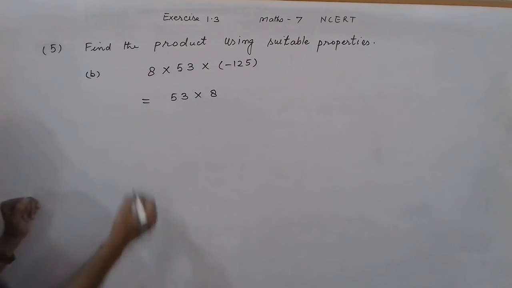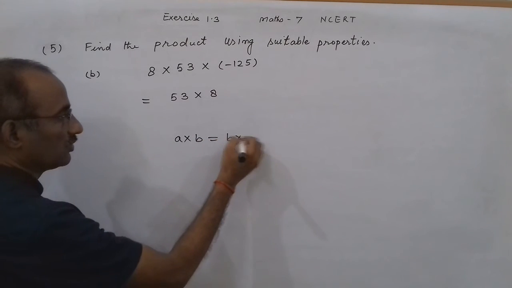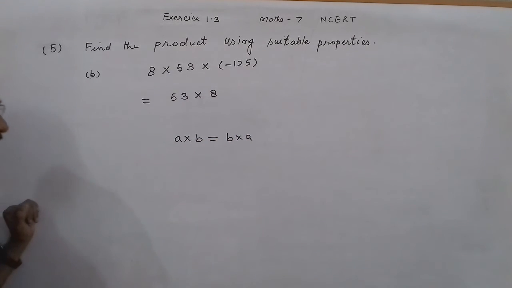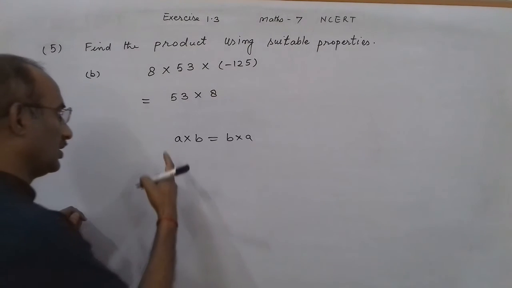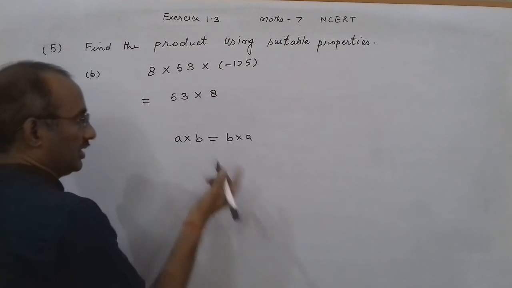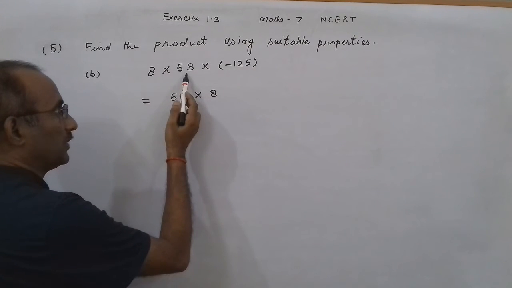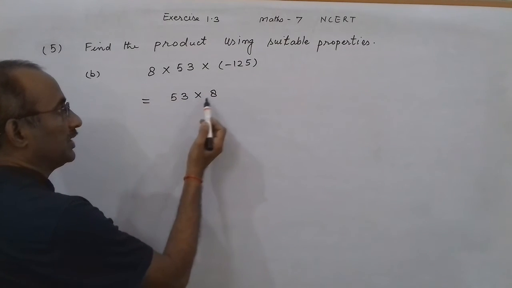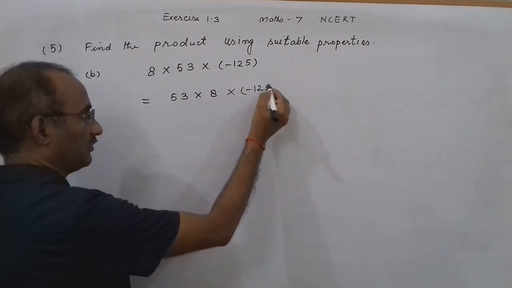The commutative property says that A into B equal to B into A. That we can multiply two integers in any order, as A into B or B into A. Both the products are same. So using commutative property, we write 8 into 53 equal 53 into 8 multiplied with minus 125.